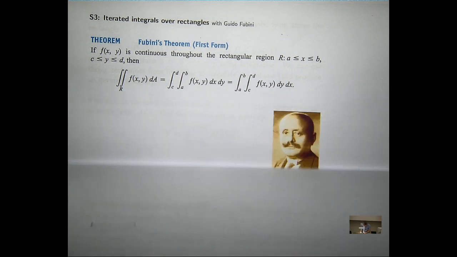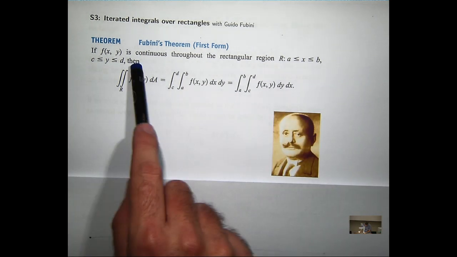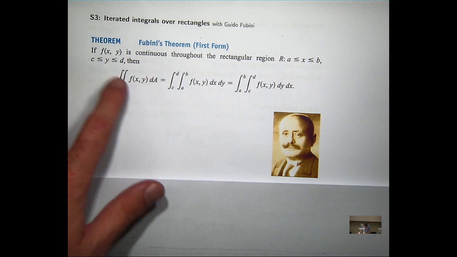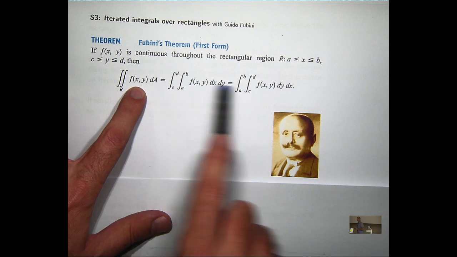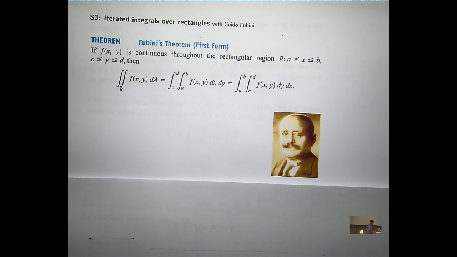So the following theorem is due to Guido Fubini, Italian mathematician, all-round nice guy. Suppose we have a continuous function on some rectangle. Then we can calculate this double integral just by evaluating either of these so-called iterated or repeated integrals.